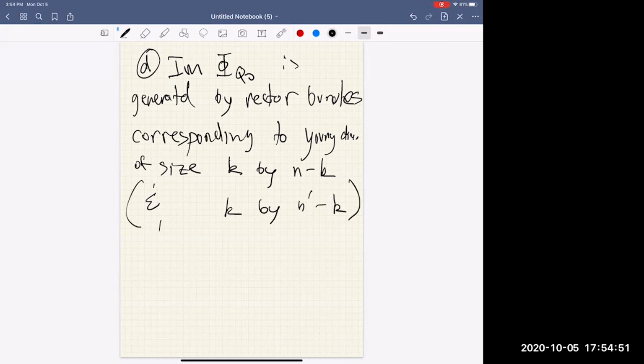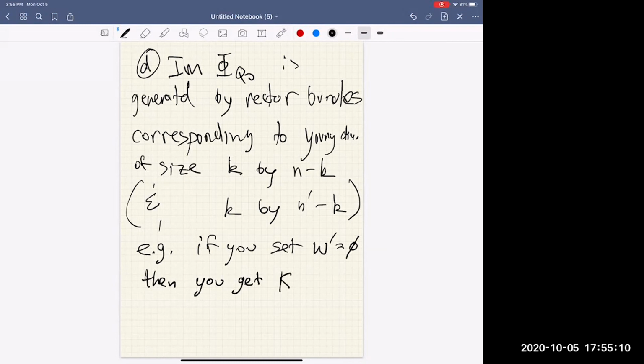Okay, and so for example, if you set W prime equal to the empty set, then you get... W prime should be a vector space. It cannot be the empty set, right? Oh, sorry. So yes, maybe 0.